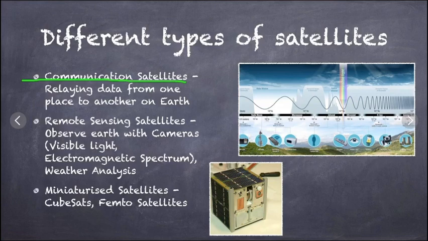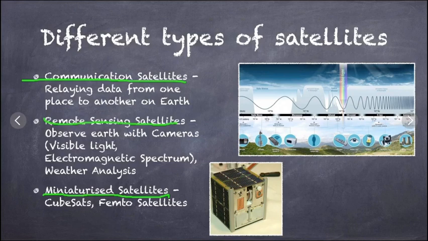Next, let's talk about miniaturized satellites. We have done remote sensing and communication, and miniature satellites are basically the new trend going on in the space industry. Miniaturized satellites include CubeSats, Femto satellites, and there are also many other classifications of these miniaturized satellites.